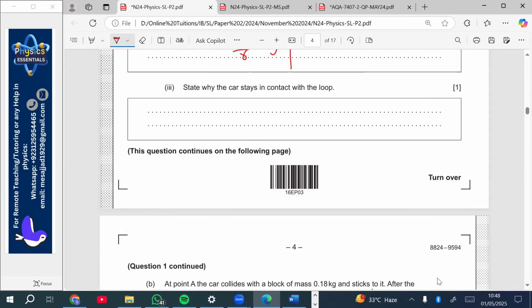It is the force which keeps the body moving in a circular path, because W and N together are providing the necessary centripetal force. And centripetal force is the one which is required to move a body in a circular path.